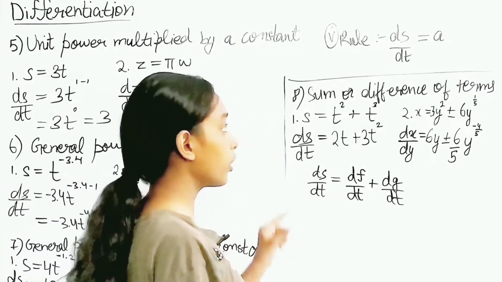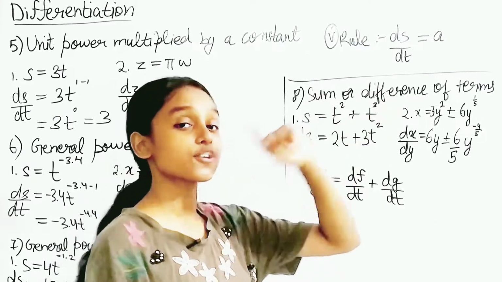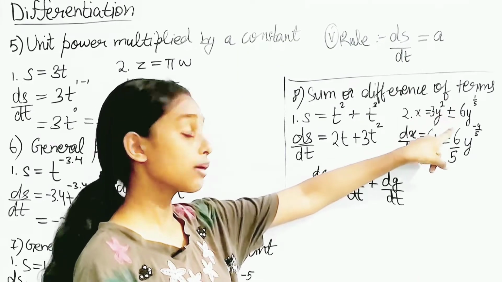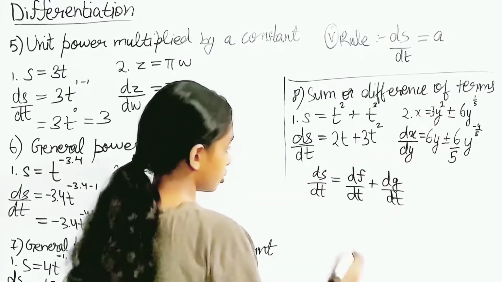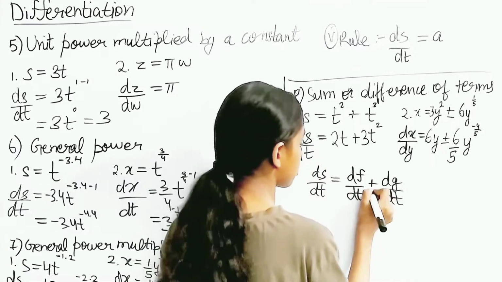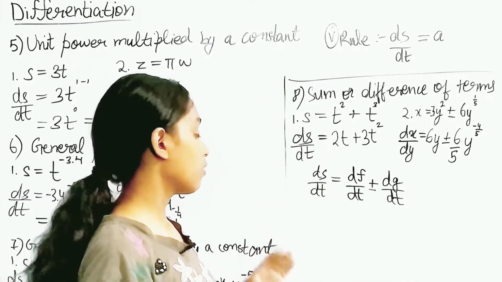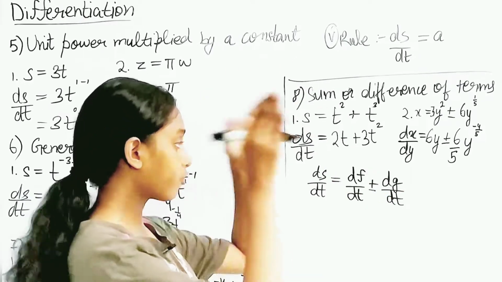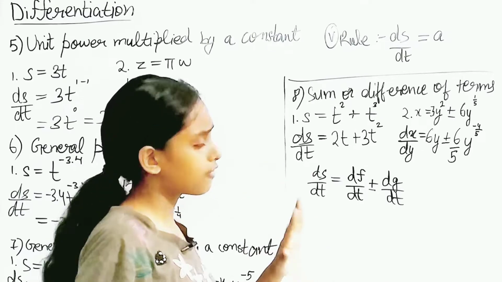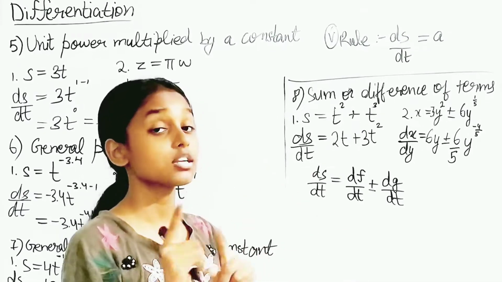One thing that we're discussing here is sum or difference of terms, which means we're also having a plus and a minus. So here I'm going to use df by dt plus or minus dg by dt. Or you can write it separately: in the first one, df by dt plus dg by dt, and in the next one, df by dt minus dg by dt.